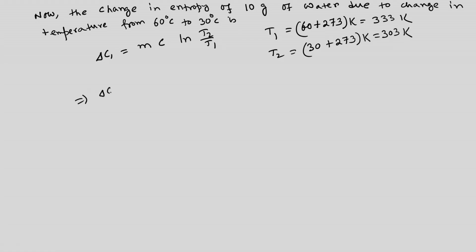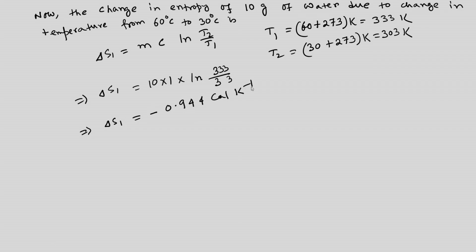So we get delta S1 is 10 times 1 times ln 303 by 333. If we calculate this, we get delta S1 is minus 0.944 calorie per Kelvin.